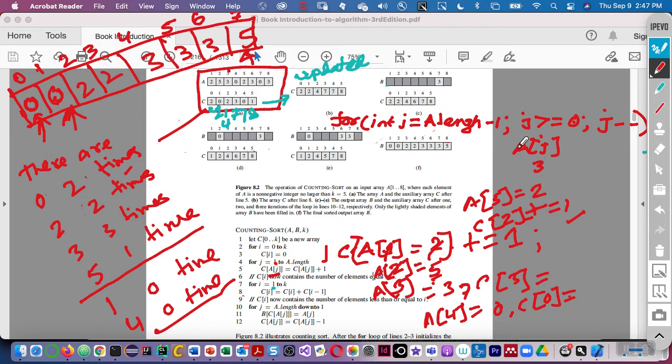Okay, so aj should be 3. Did I make any mistake? j equal to length minus 1.